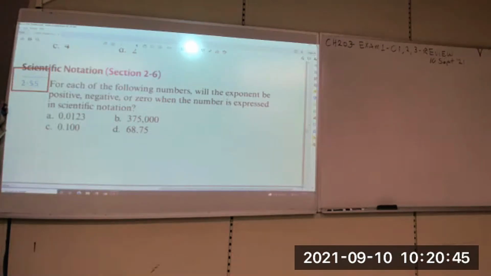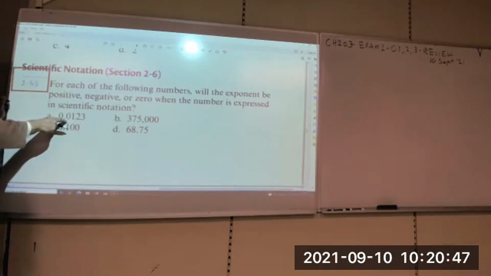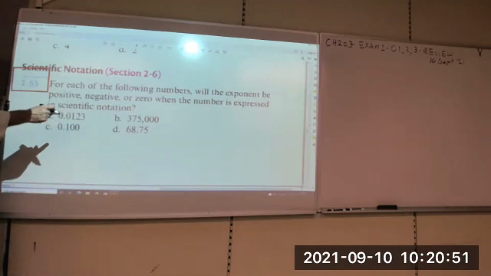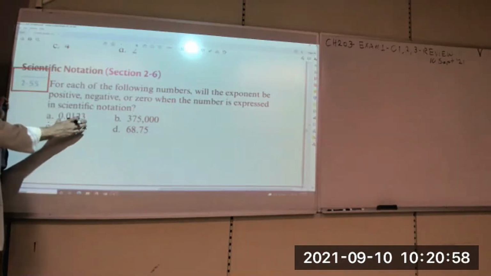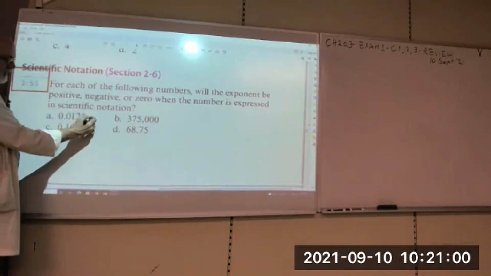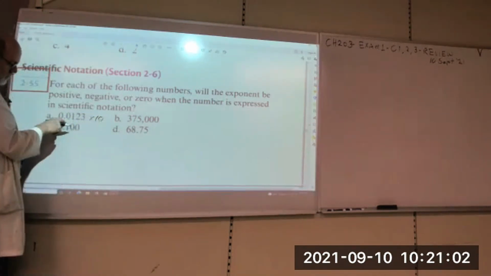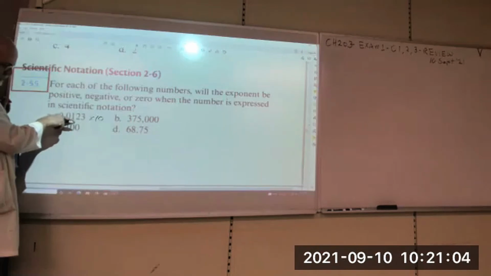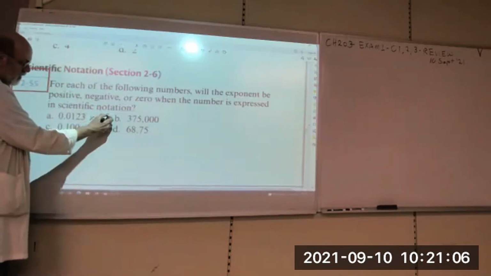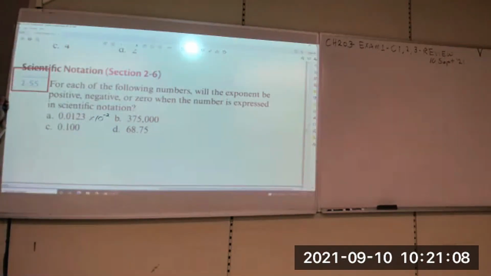Negative 2. You're storing up negative information because this is small. You're making it larger. So the power of 10 has to be smaller. When the coefficient gets bigger, so the number gets bigger, then the power of 10 has to get smaller. So we're making this one bigger by going 2 to the right. We have to make this one smaller by going 2 the other direction.